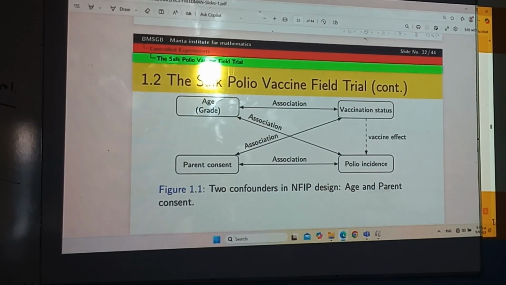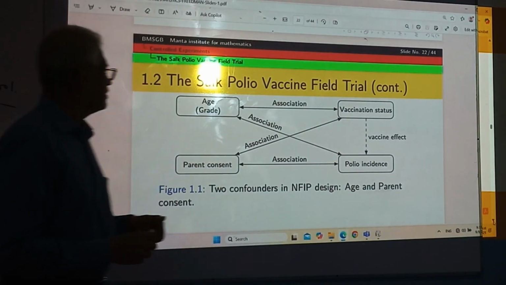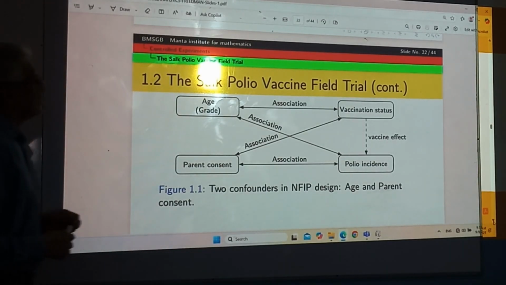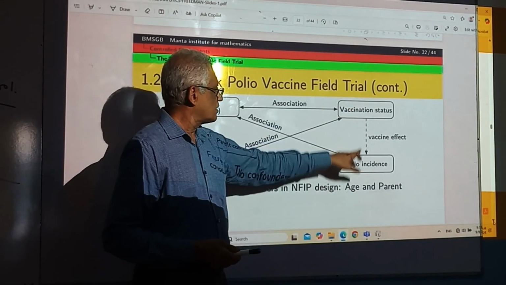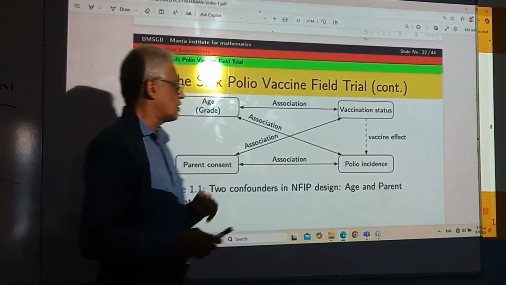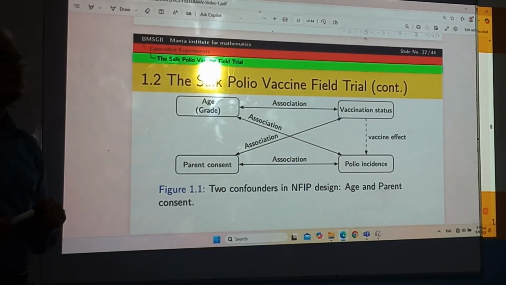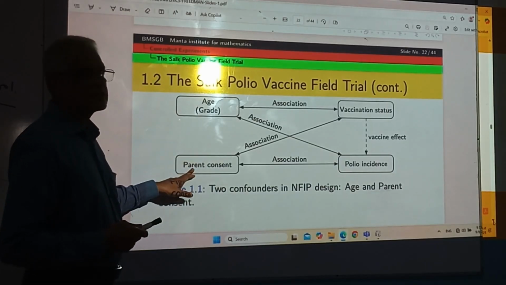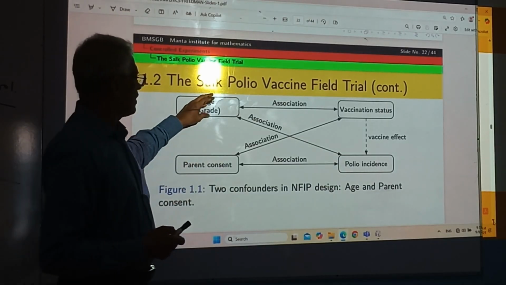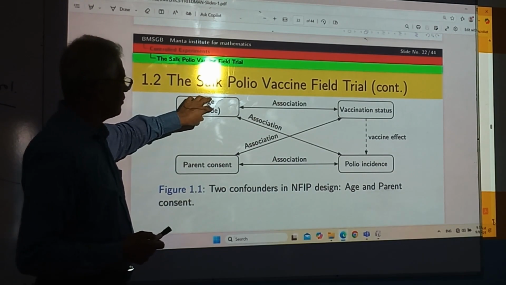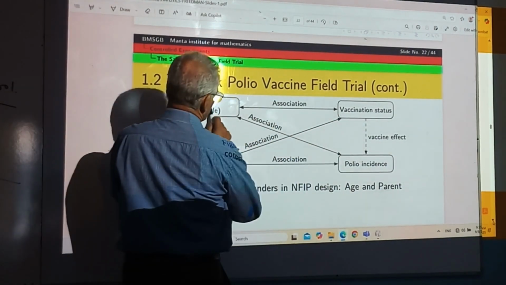And then I want to, in this situation, therefore, in the NFIP design, read the situation. Right? So we are interested in the relationship between vaccination status and polio, but there are two other variables, age and patient consent, for example. So this one is confounded because this is related with this one and this one.